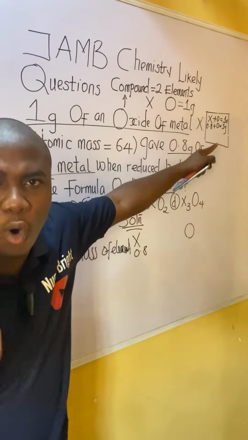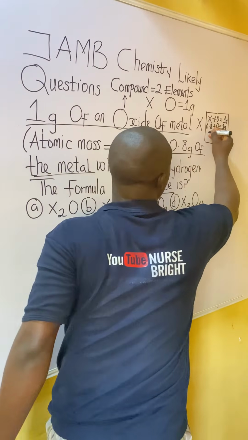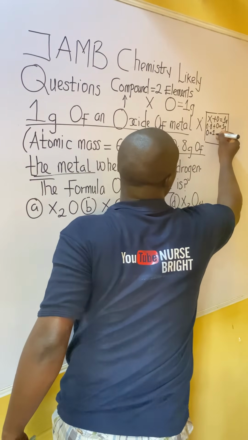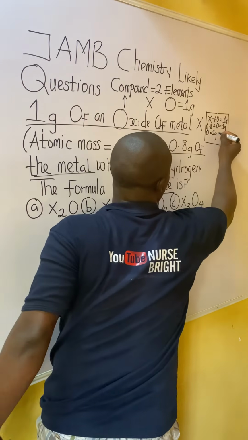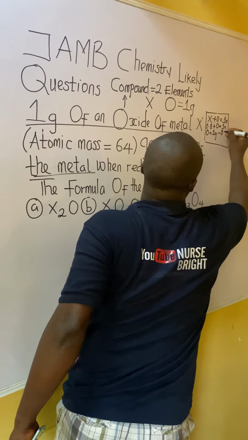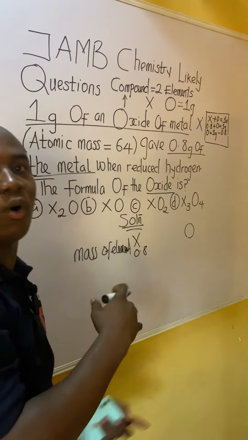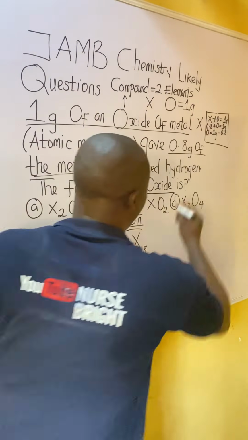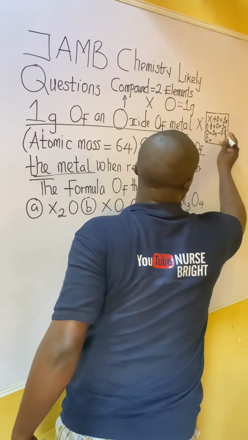Let's make mass of oxygen the subject of the formula. When 0.8 crosses the equality sign, it becomes negative, because it was positive before. So mass of oxygen will now be equal to 1 gram minus 0.8. What now?